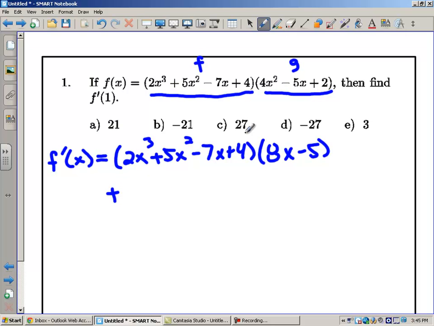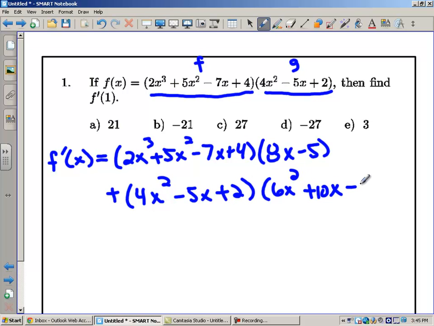And then plus the second function times the derivative of the first. And the derivative of the first function would be 6x squared plus 10x minus 7. So that's the derivative without having to multiply all of that out, which would take me forever and I'd cry.